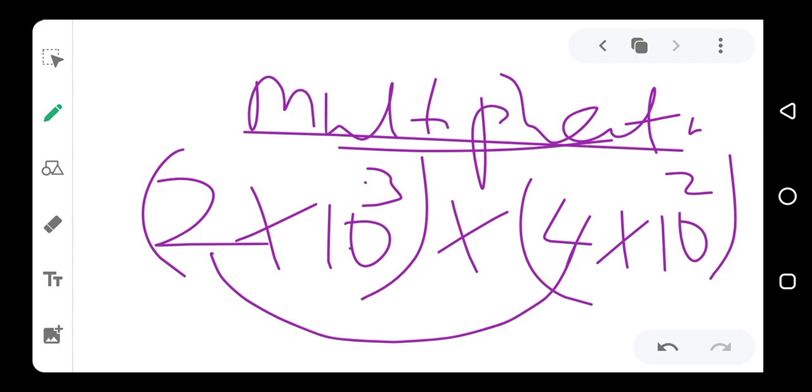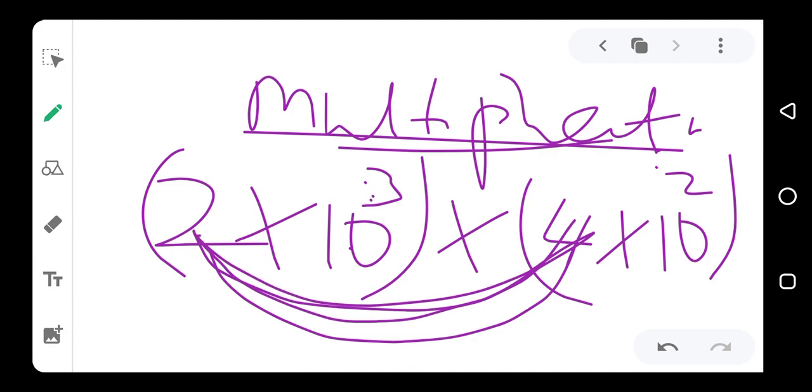Then we add the power. So in multiplication of numbers expressed in standard form, we multiply the coefficients, and then we take one of the tens and add the power.